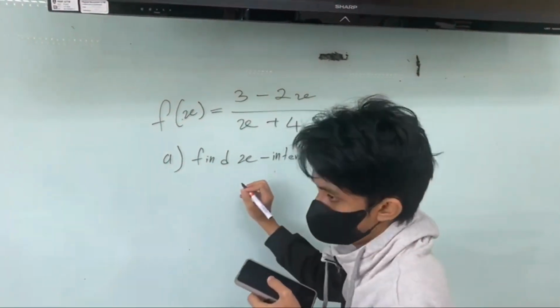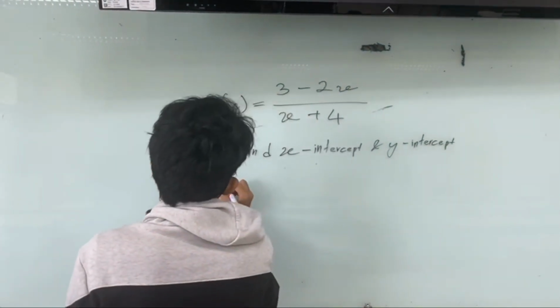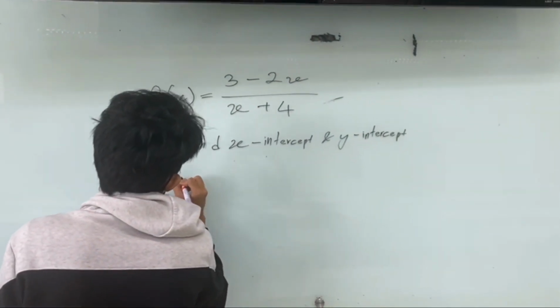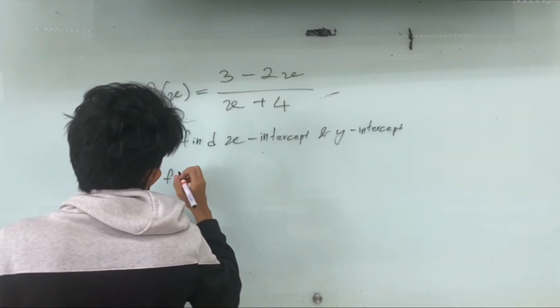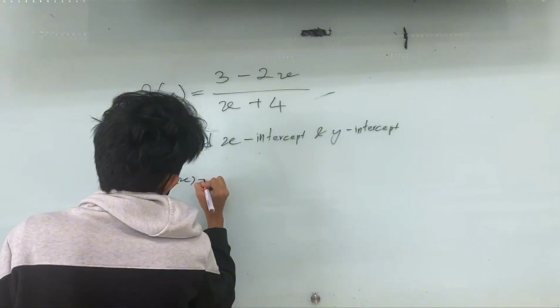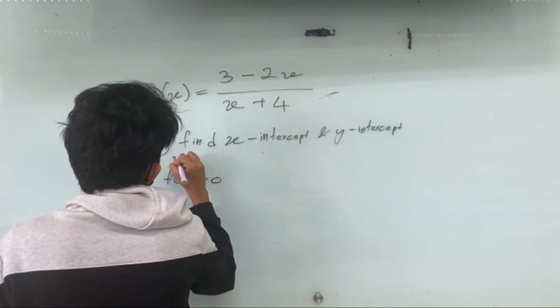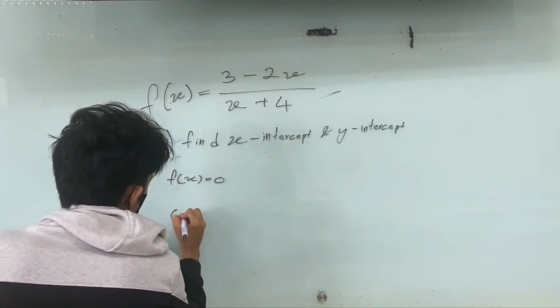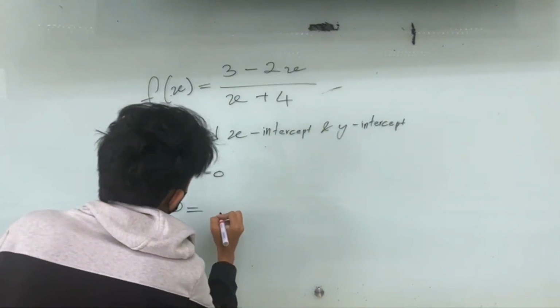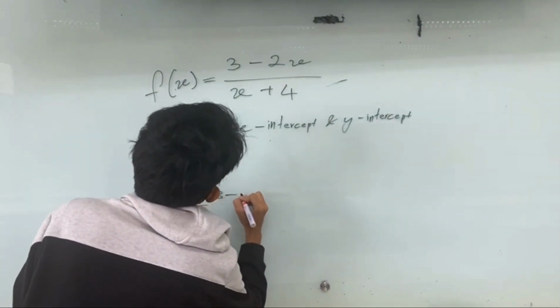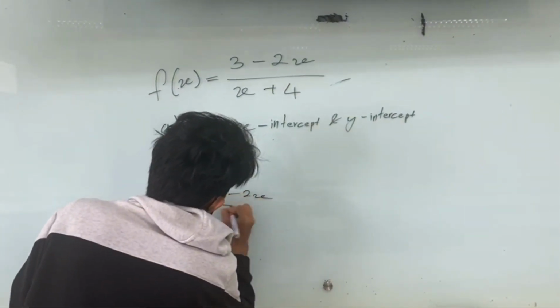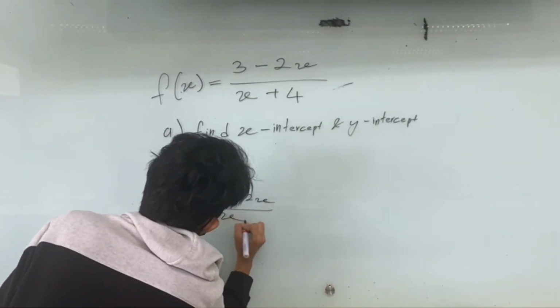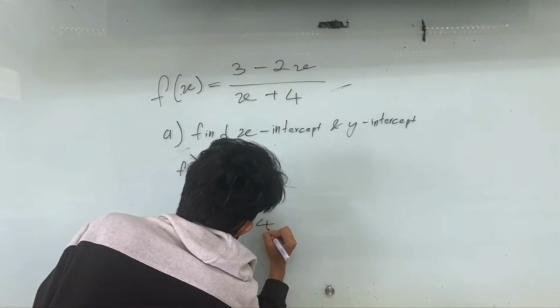How to find the x intercept? f(x) will be equal to 0 to find the x intercept. So 0 equal to 3 minus 2x over x plus 4.